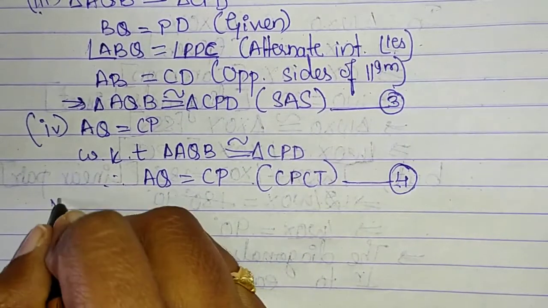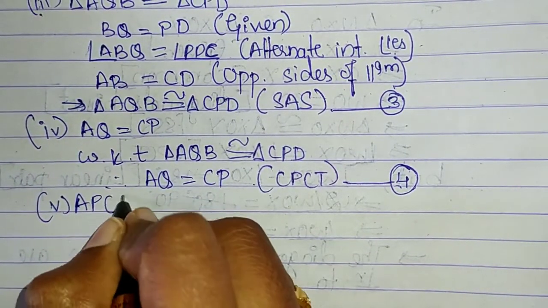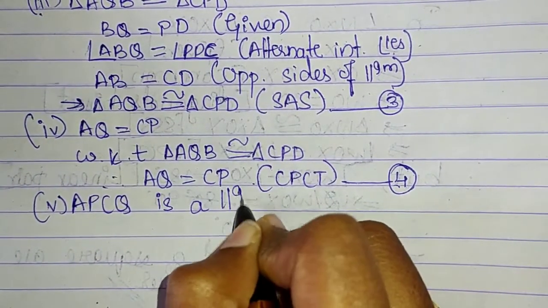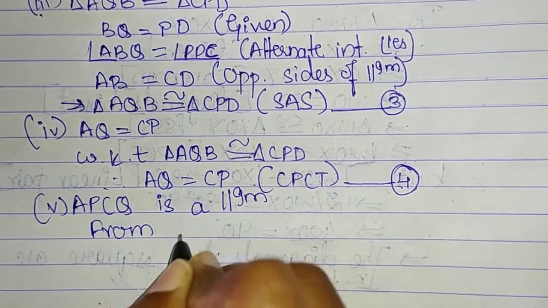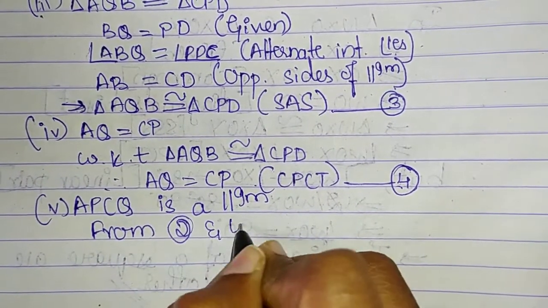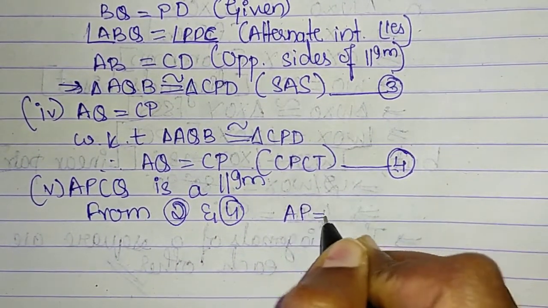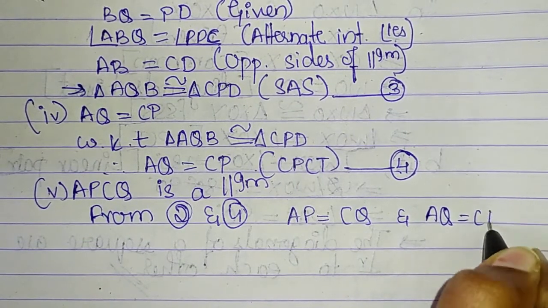So lastly, we need to prove that APCQ is a parallelogram. From results 2 and 4, we have AP is equal to CQ and AQ is equal to CP.